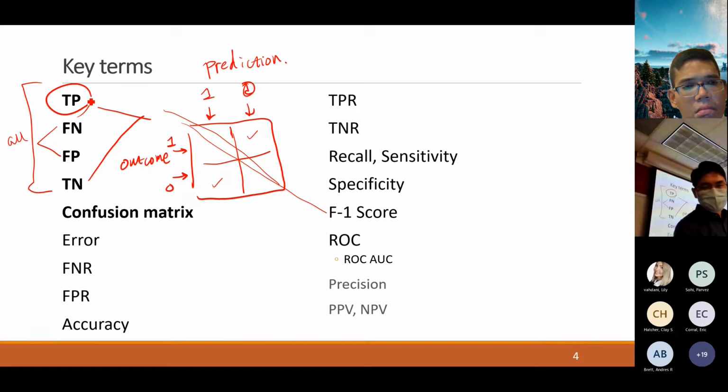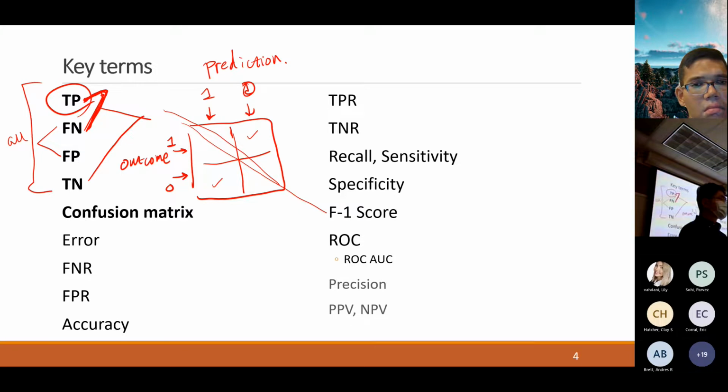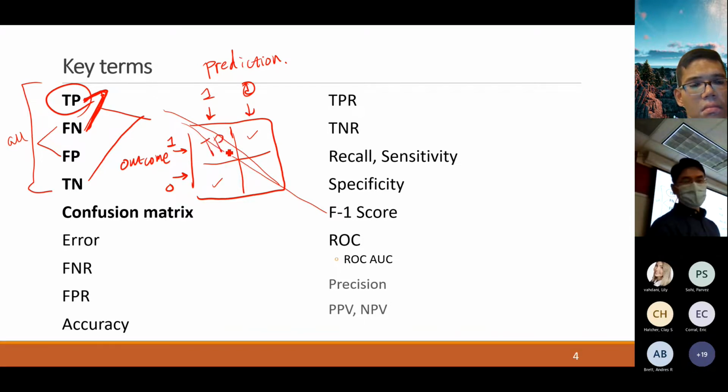If you add true positive and false negative together, that would be the total number of what? To answer that question more comfortably, put that into the grid first. True positive is pretty obvious. It's in this cell.